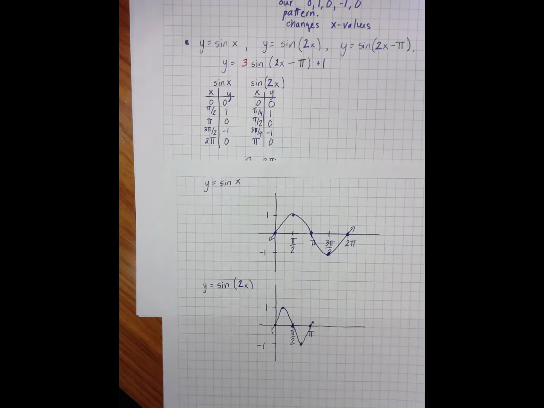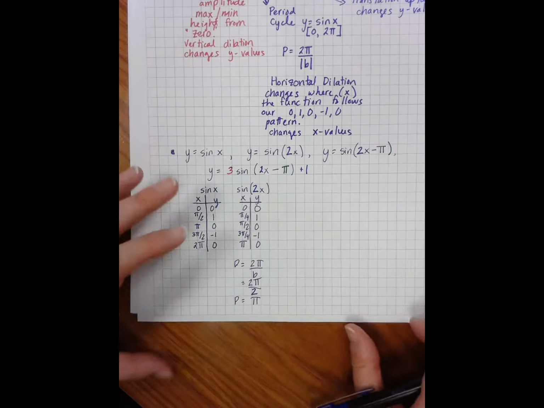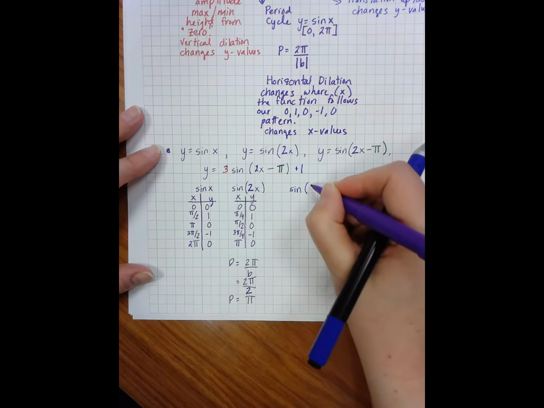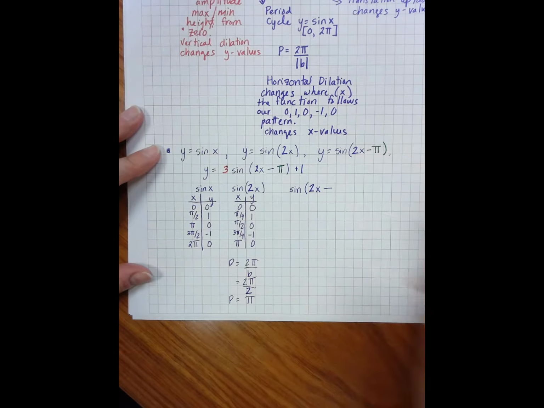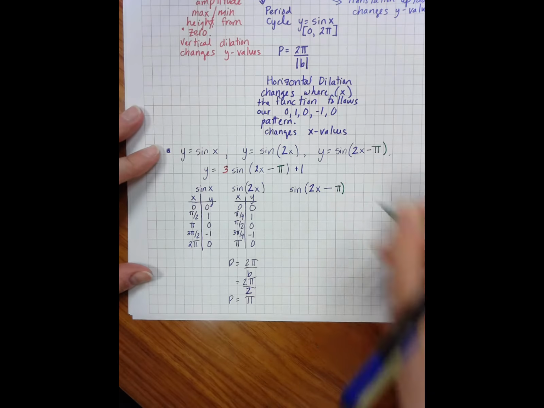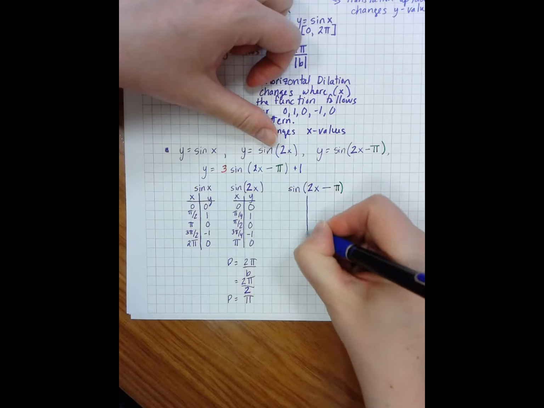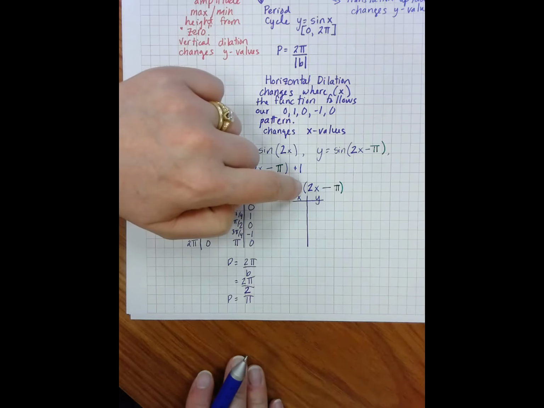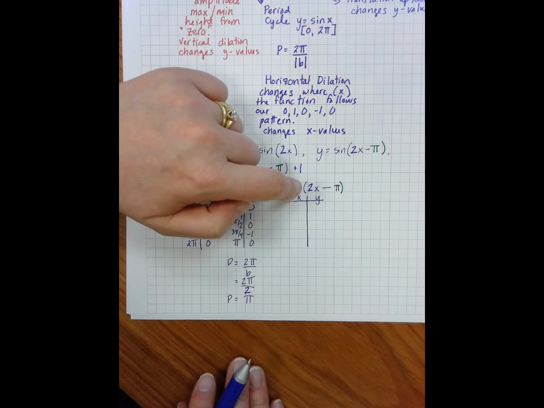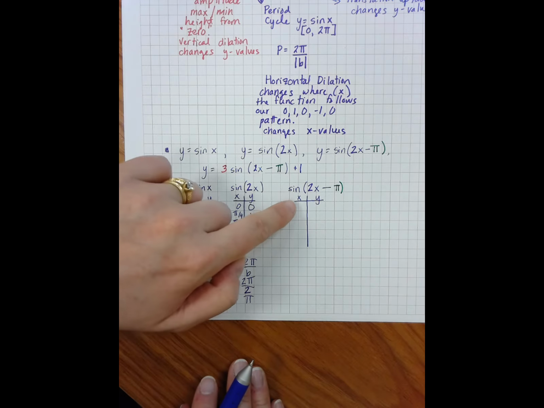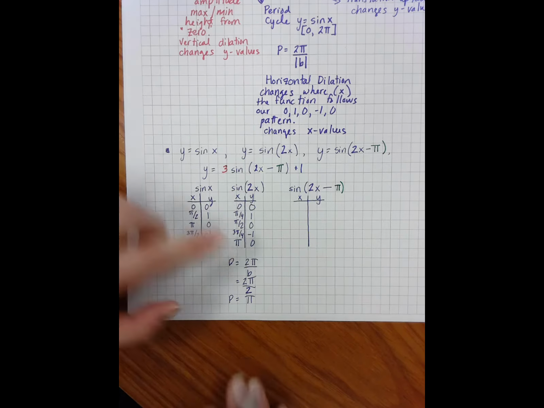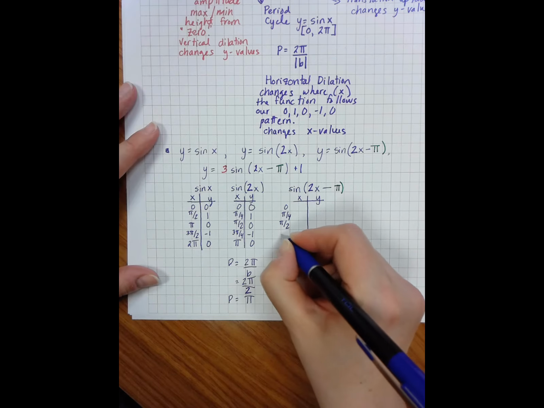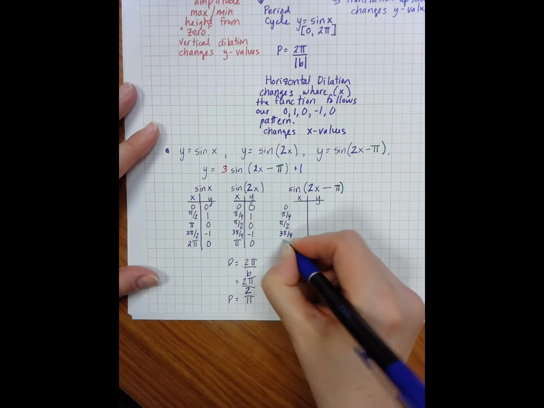Okay, let's look at what happens now if I add another layer to my function. So let's say that I'm going to do sine 2x minus pi. So in this case, I already know that my period has changed. So I already know that my x's are already 0, pi over 4, pi over 2, 3 pi over 4, and pi.